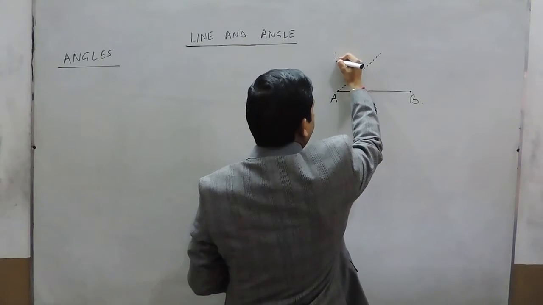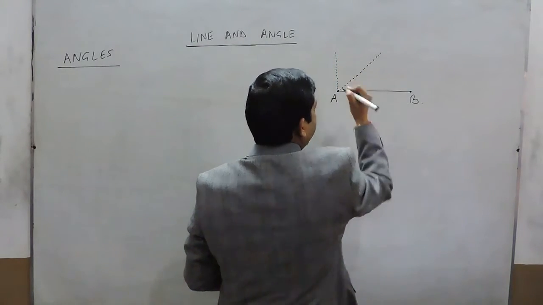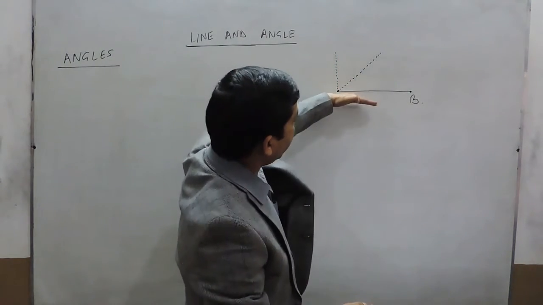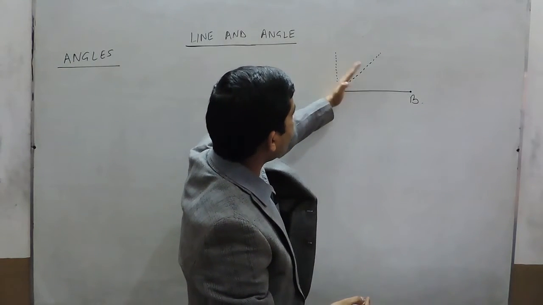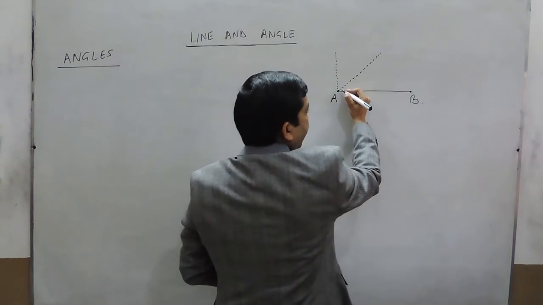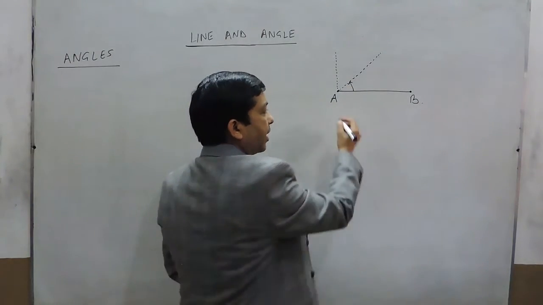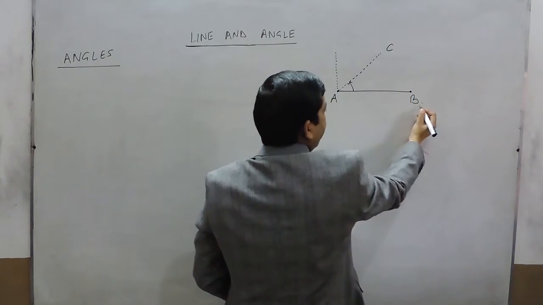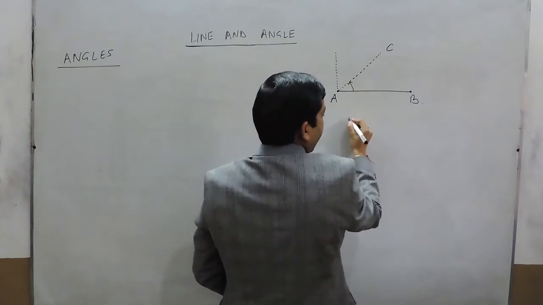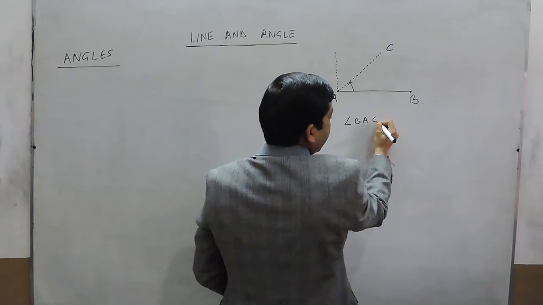We can divide and mark a line here. So when we are going from this point towards this point, there can be different angles which are possible, like here we are talking about angle BAC.